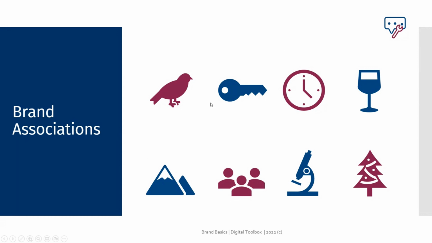You'll see a lot of educational companies may use keys. So decide if you want to align with these associations or you don't. One of the challenges when you pick an image like this to include in your logo is that you start to look like everybody else in that industry.